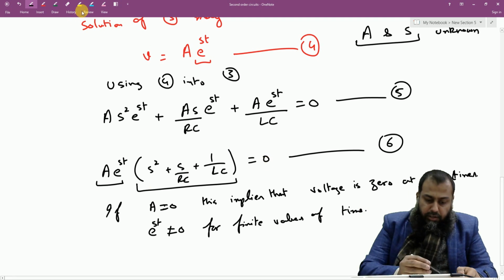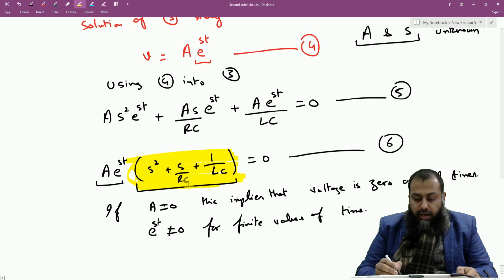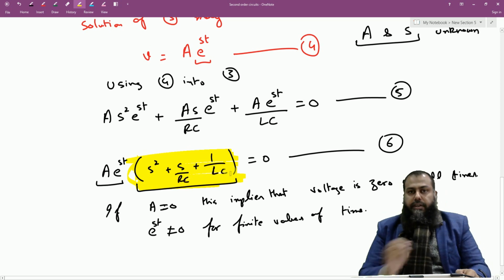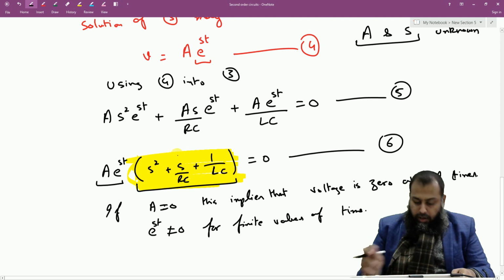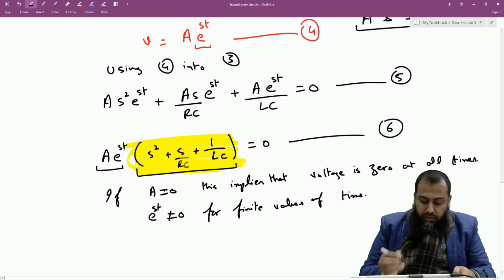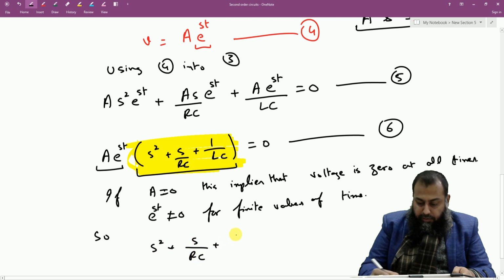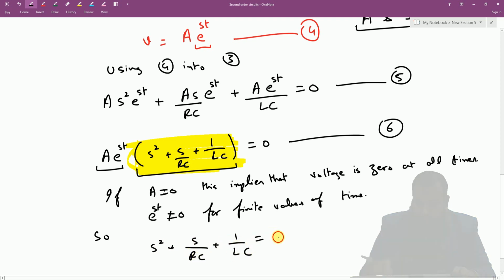This lies on the terms which are inside this parenthesis, that is s square plus s over RC plus 1 over LC. Now this term should be equal to 0 in order to satisfy this particular differential equation. Now if you notice here, s square plus s over RC plus 1 over LC is equal to 0.